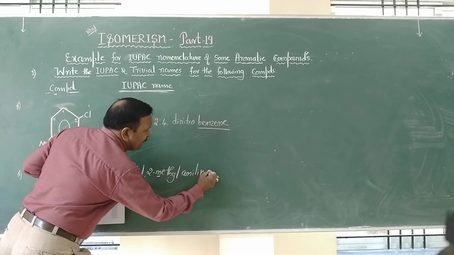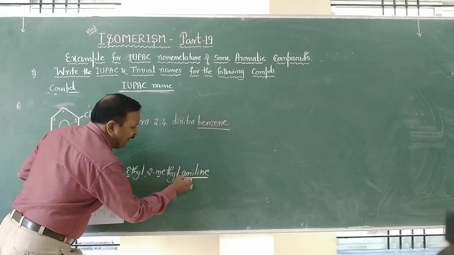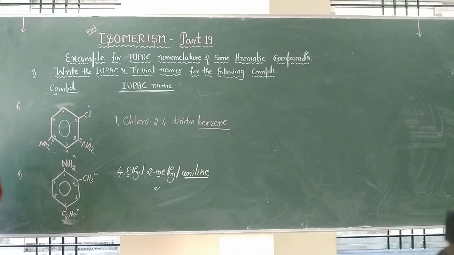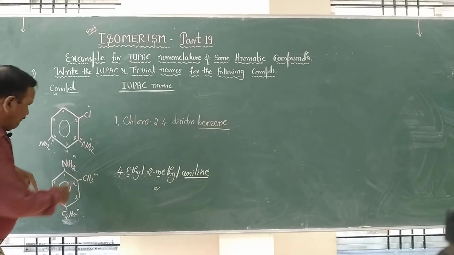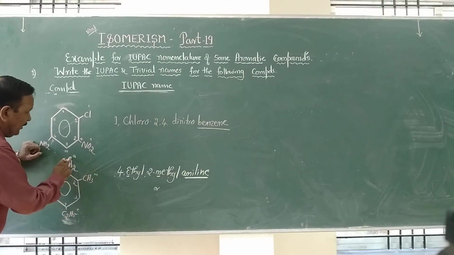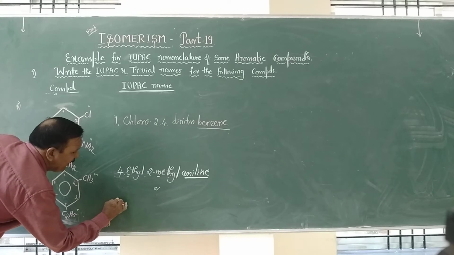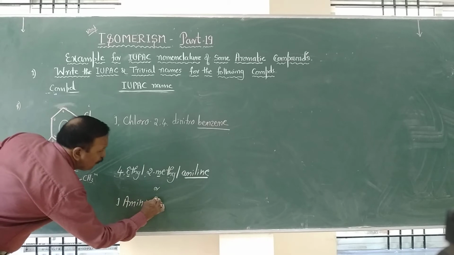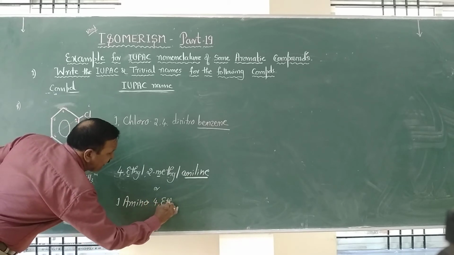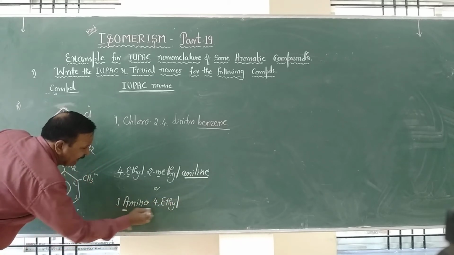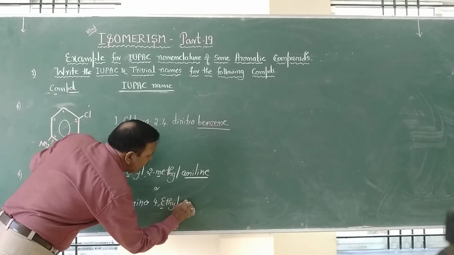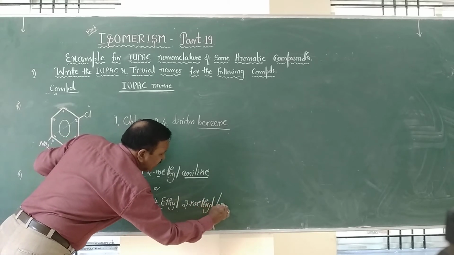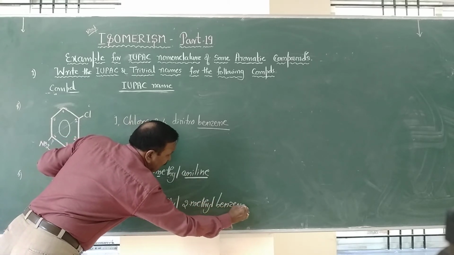That will be aniline. If you want to write aniline perfectly, then you can break it into the same thing, no change. First A will come, 1 amino, 4-ethyl. After A, E will come. And 2-methyl benzene.